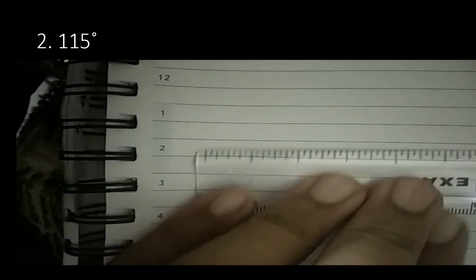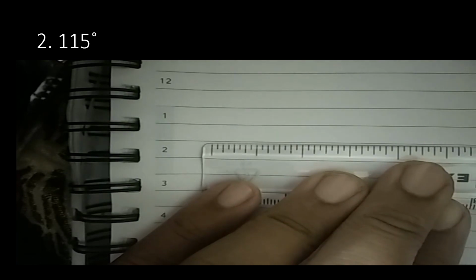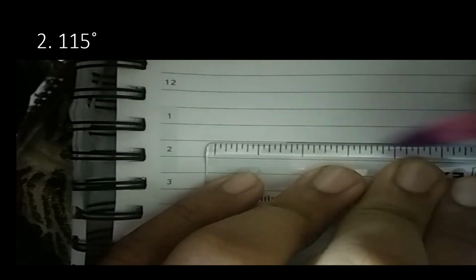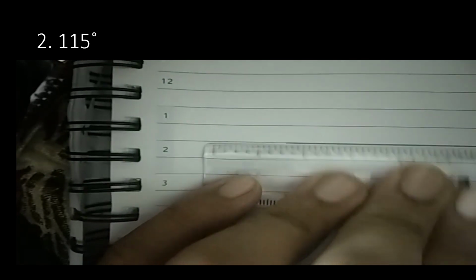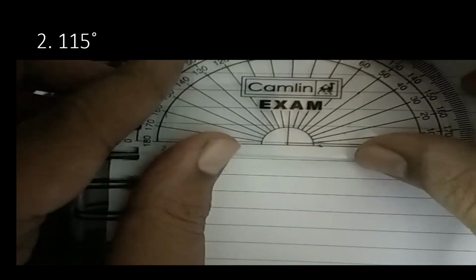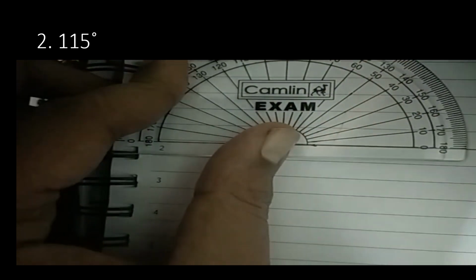Students, now we will see construction of the angle bisector of an angle of measure 115 degrees. That is our second question. So I will mark 115 degrees.